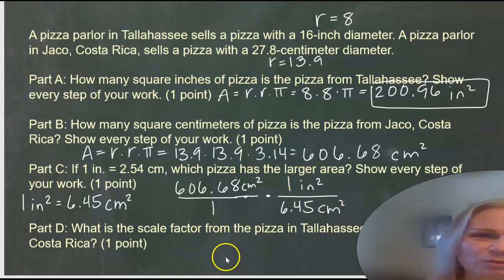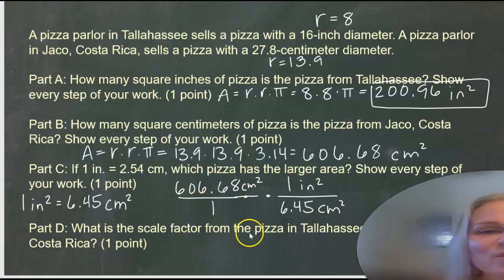So I'm running out of room, so I'm gonna write it down here. So down here, I'm gonna do 606.68 divided by 6.45, which is 94.058, 94.06, let's say.